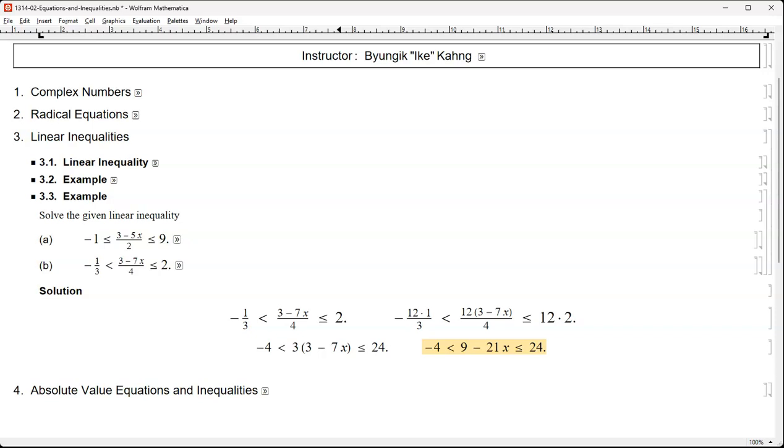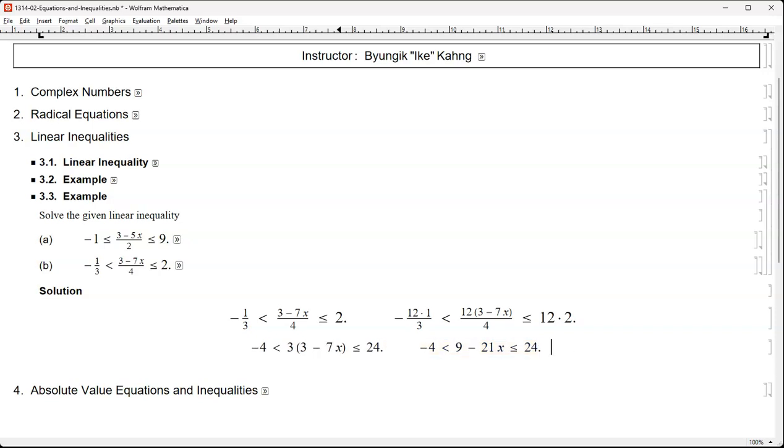And like terms, well, let's see, there's only one x term here, so it stays here. How about the others? Well, I have to move this 9 to the other side, so I have to do the subtraction. Subtract 9 from -4, subtract 9 here to remove, subtract 9 from 24.